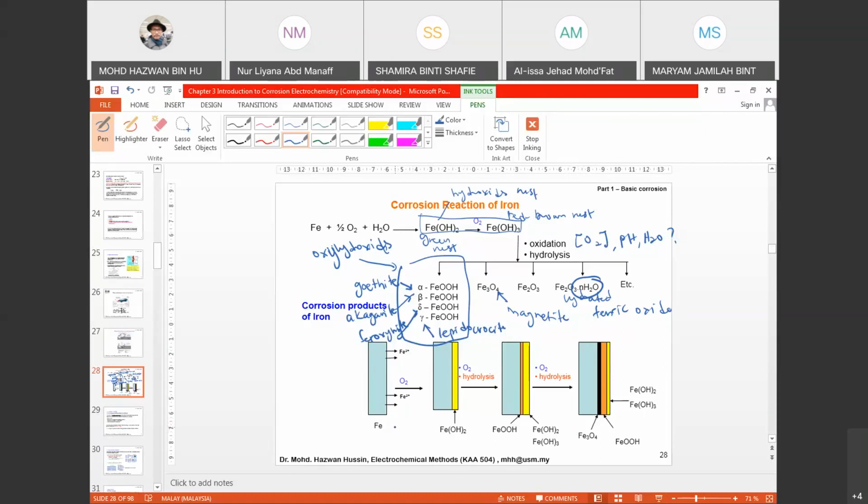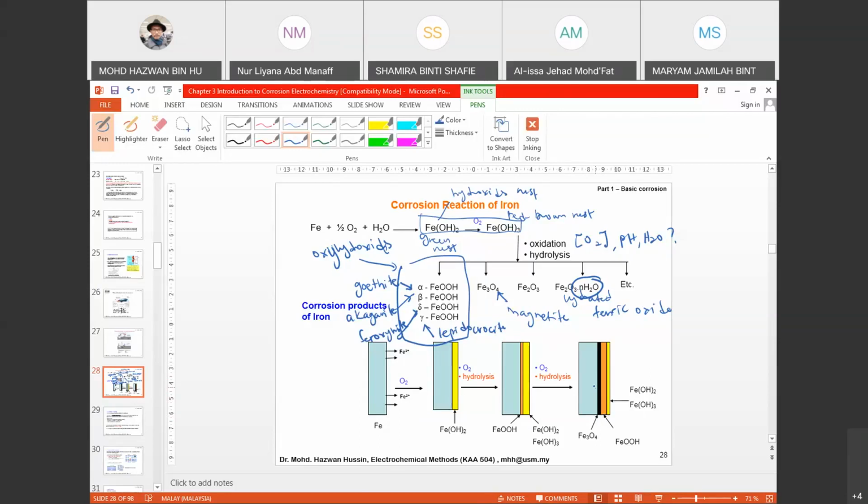You will see over here, the pure metal, when it starts to oxidize, has a layer of the first product, ferrous hydroxide. Further oxidation and hydrolysis will form other products, oxyhydroxides in the middle, and then another product like magnetite. Magnetite is normally black in color and will form in the deeper region. So you have layers.